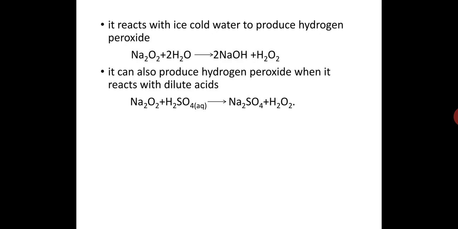For instance, the reaction of sodium peroxide with dilute tetraoxosulfate VI acid will produce hydrogen peroxide and a salt, which is sodium tetraoxosulfate VI.